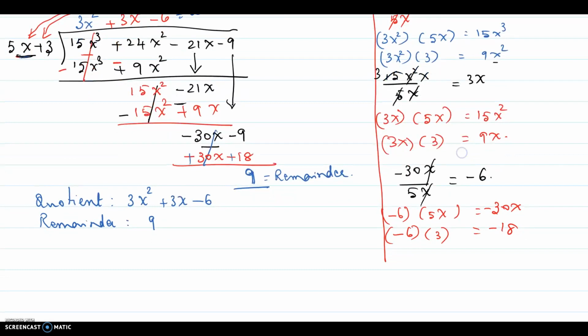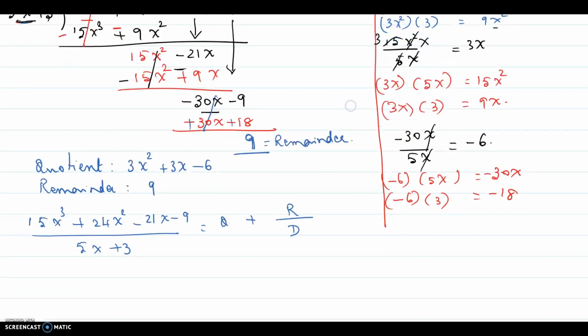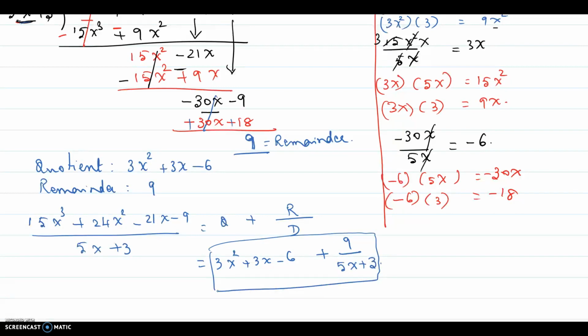You can also write the problem 15x cubed plus 24x squared minus 21x minus 9 over 5x plus 3 as quotient plus remainder over the divisor form, which is 3x squared plus 3x minus 6 plus remainder is 9, divisor is 5x plus 3. Hope this video helps.